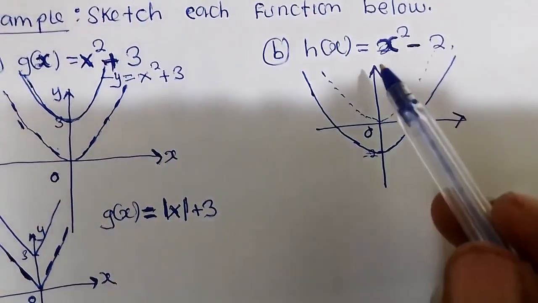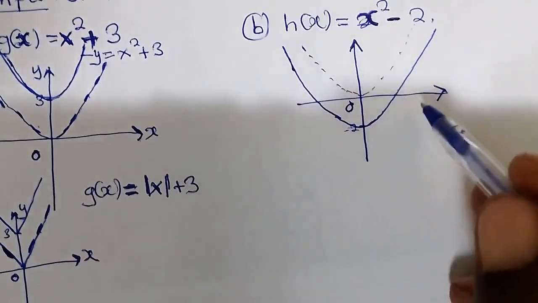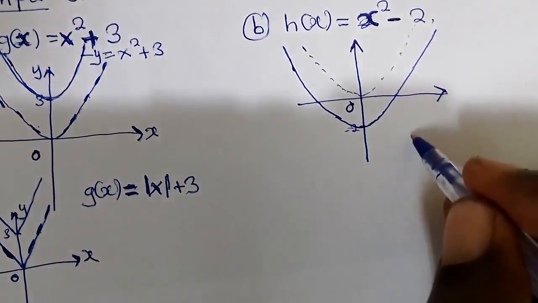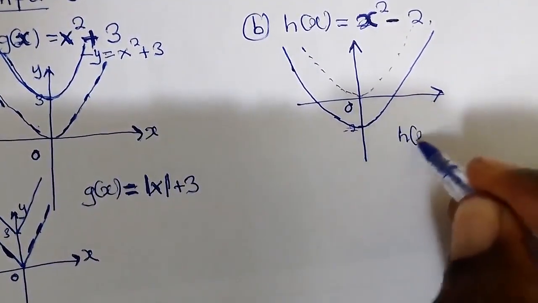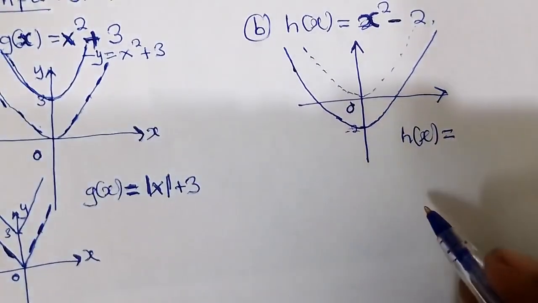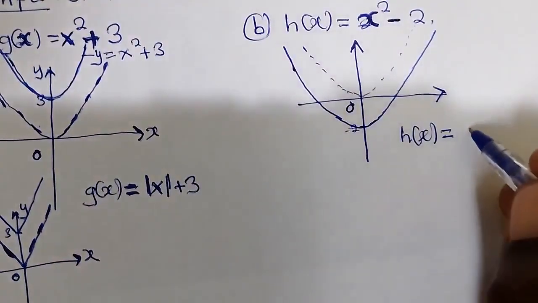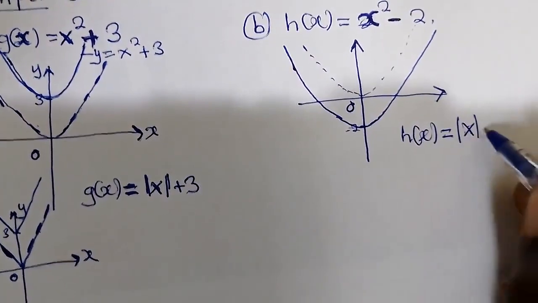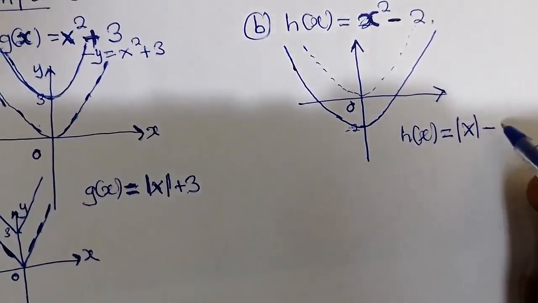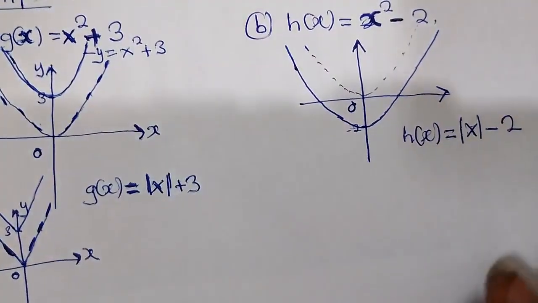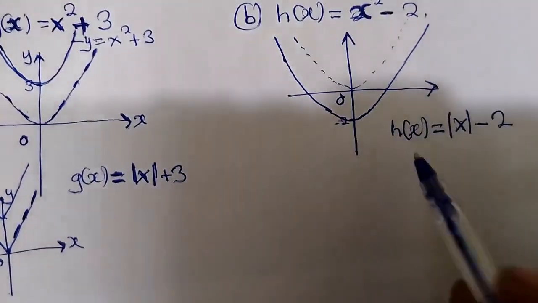The same thing applies. If the graph is like this, let's say you are given h of x is equal to something like this, then there is a minus 2 like this. The first thing you need to do, you write this graph here.